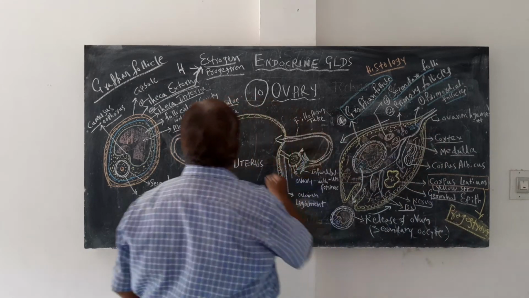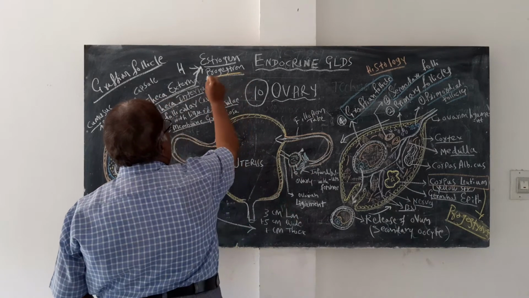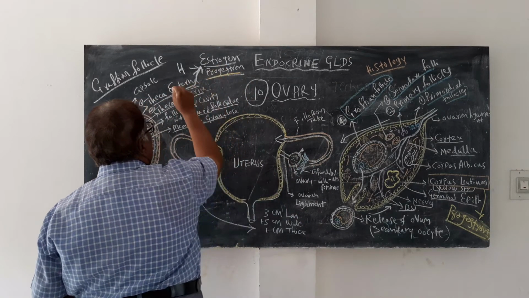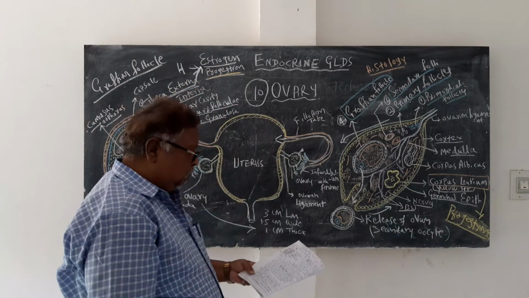This is the progesterone hormone. And the estrogen is produced by the theca externa cells.